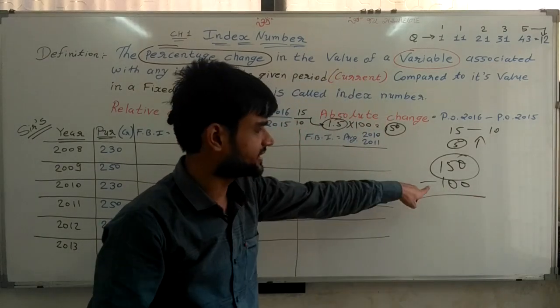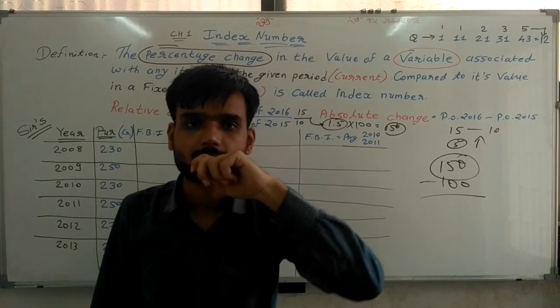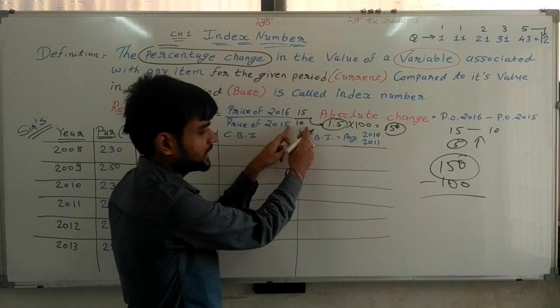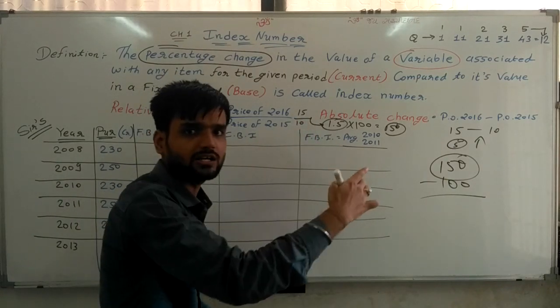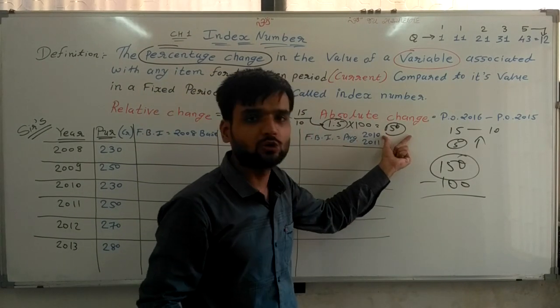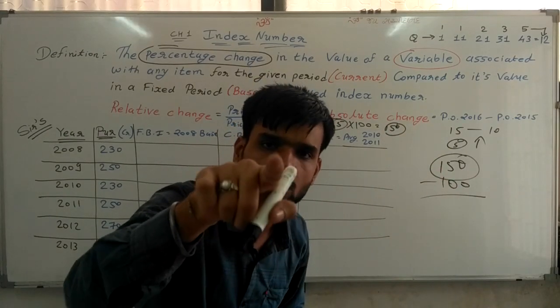Always we deduct 100 after finding the relative change percentage. Relative change means 15 upon 10, and if we multiply with 100, then we get the relative change percentage. And relative change percentage is called index number.